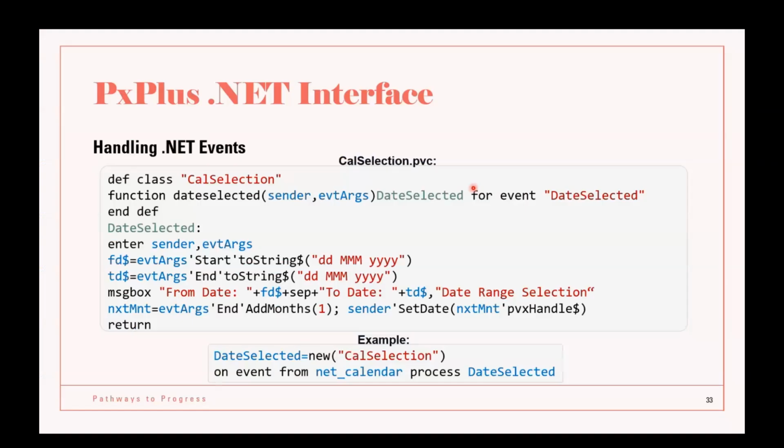So this is the calendar one. So that NXT MNT, should that be dropped? Oh, next month. Add months set. Yeah, that probably should be dropped if you wanted a complete example.